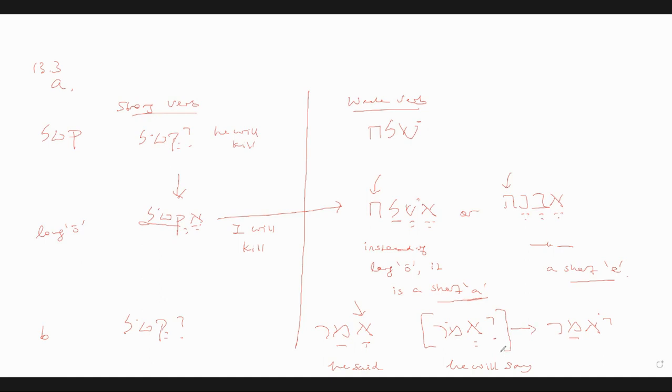It's hard to read the word, but it changes to a different form. That's under B. So for this word with the Aleph at the root, it doesn't take this form, but it takes this form. So it becomes an O.